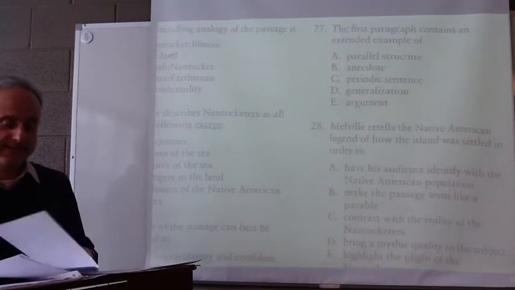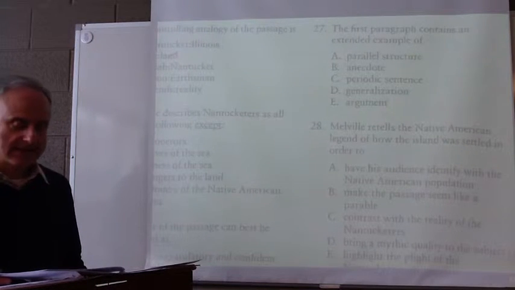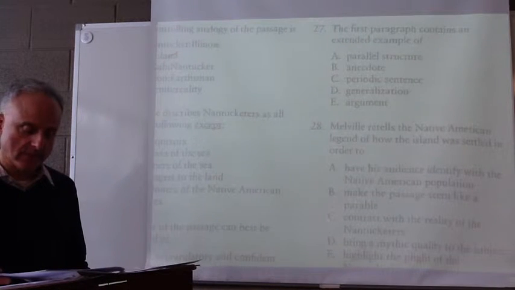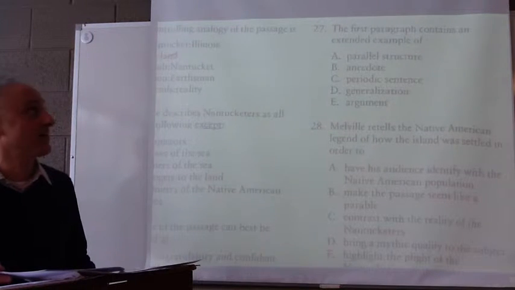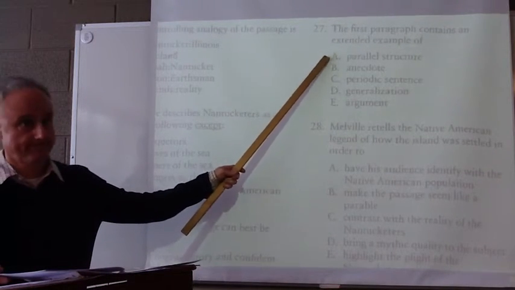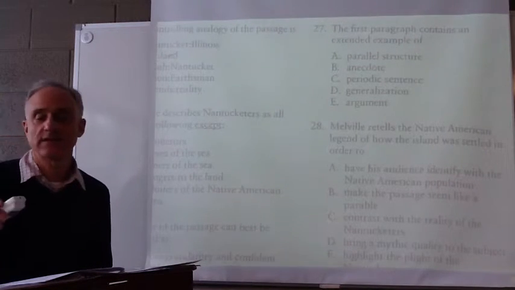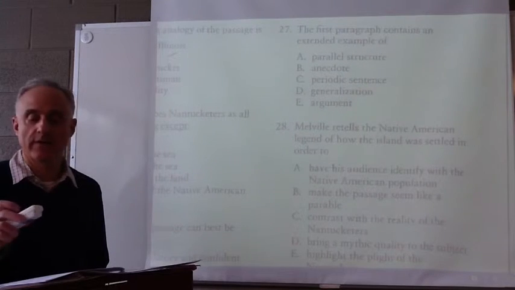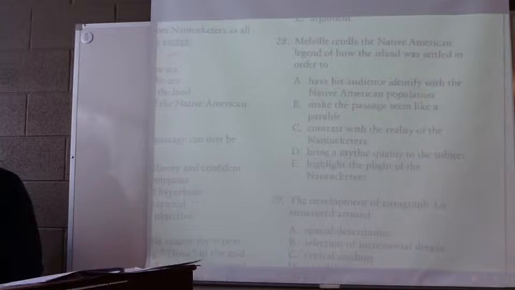It's the same idea that I brought up before in the previous passage. It says, take out your map, look at it. What are all those imperatives? So it's parallel structure. You must know your grammar. If you did not listen to those videos at the beginning of the year about grammar, it's not going to help you, right?